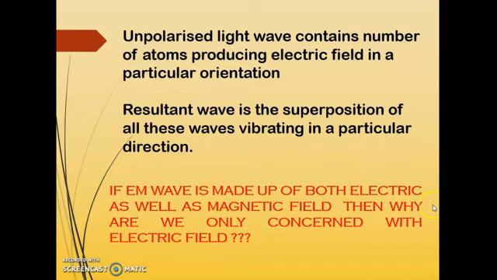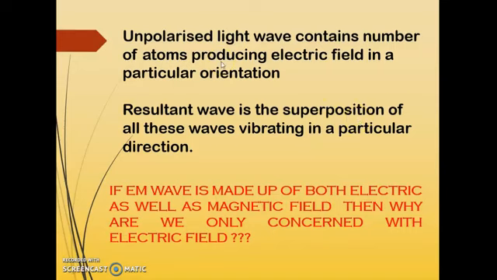Now, what is unpolarized light? Well, unpolarized light contains a number of atoms producing electric field in a particular orientation. What does it mean? How is electric field produced? You all know that. Okay, electric field is produced due to charges, and those charges are contained in atoms, we can say.